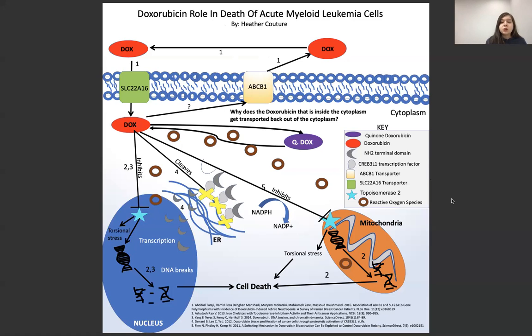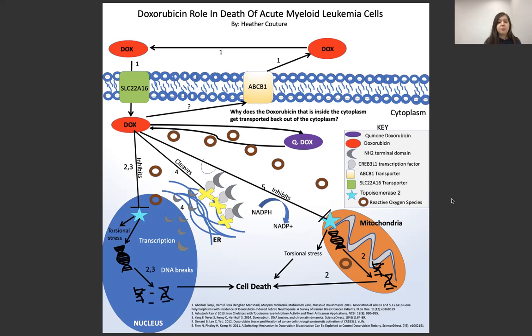So once it enters the cytoplasm through the SLC22A16 transporter, it has multiple pathways or routes it can take to cause apoptosis.